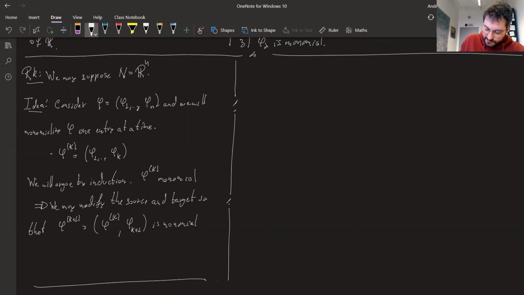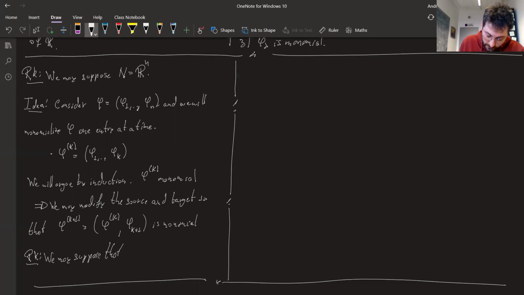So that's the idea. One remark: we may suppose that the morphism phi k is dominant. That is, the generic rank of it is equal to k.